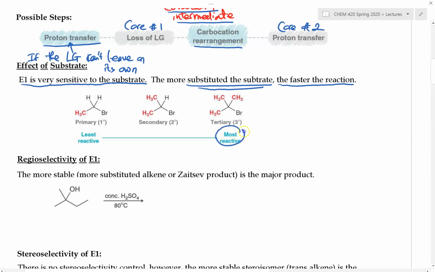So the more substituted substrates are able to produce the more stable carbocation intermediate.